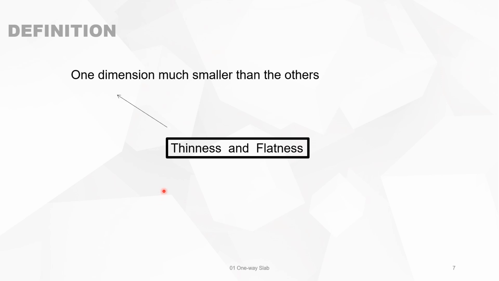A slab is a volume of concrete, and there are two items that are applicable: thinness and flatness. Thinness means that one dimension is much smaller than the others, and flatness means that the center plane is a plane. So you have a sheet type of concrete volume.